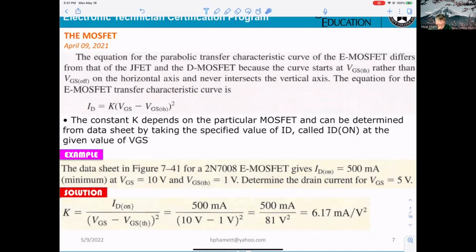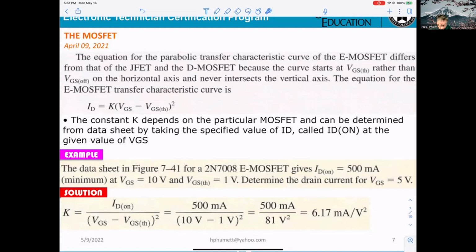The equation for the E-MOSFET transfer characteristic curve, this is the formula: ID equals K times (VGS minus VGS(th)) squared.